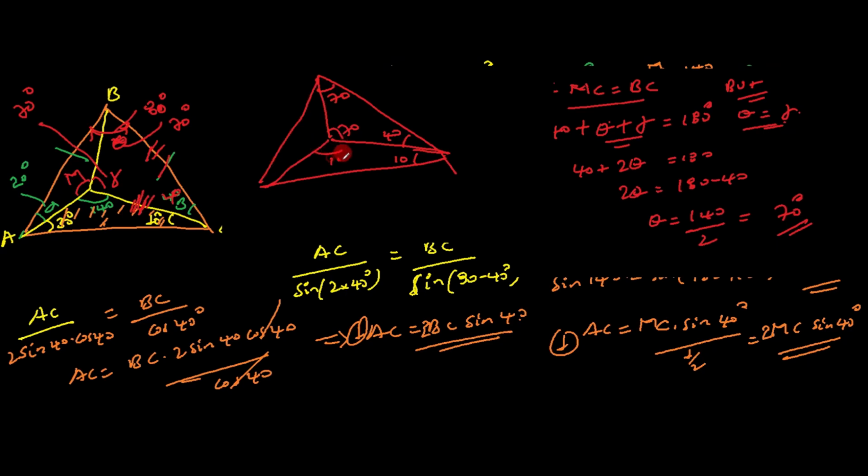So this one is 140, this one is 30, this one is 20. Now what is left? This one is left. This total is given to us, it is 80, right? So 80 minus 70 is 10 degrees, so this is 10, right? Then m is requested, which means m is equal to 180 minus 20 plus 10, right? Which will be 150. So this is 150.